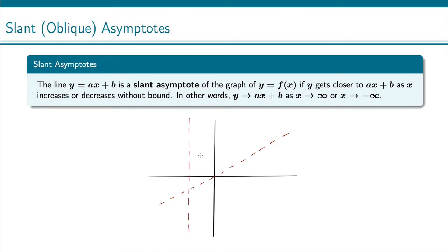And so we could have a function that kind of follows these asymptotes, okay? Something like this, and something like this, okay? So that's just an example where this line right here is a slant asymptote or oblique asymptote. Okay.